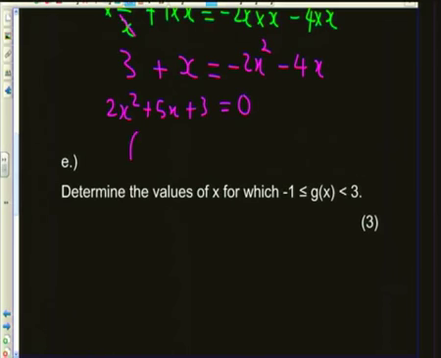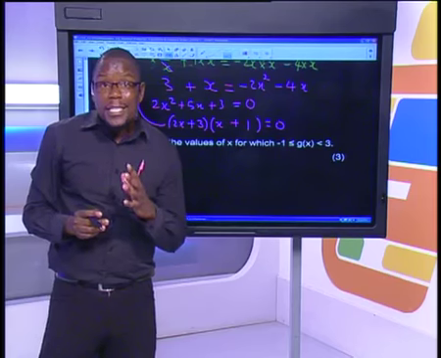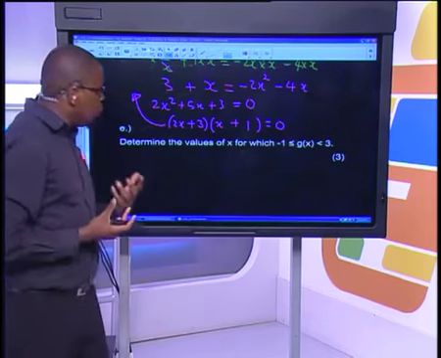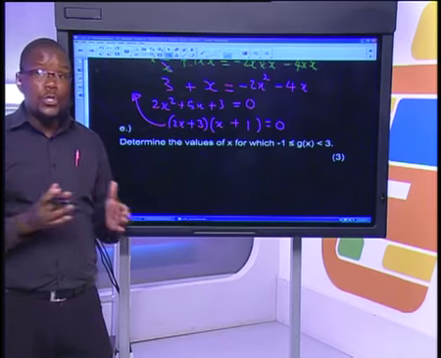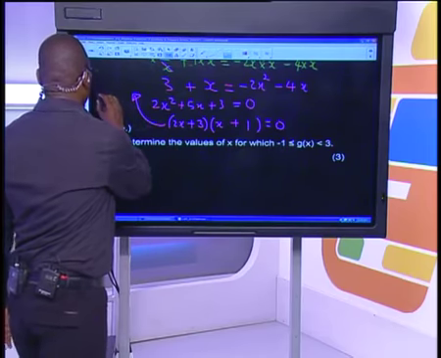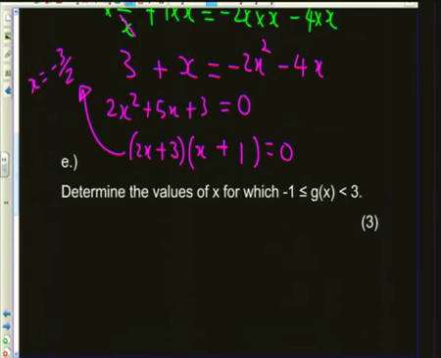So now, if we factorize here, we get 2x, x, 3, and 1, plus, and plus, right? Now, guys, this is now 2x plus 3 equals 0, or x plus 1 equals 0. Now, you have your 2x equals minus 3, divide by 2 throughout, you get x is minus 3 divided by 2, or x is negative 1.